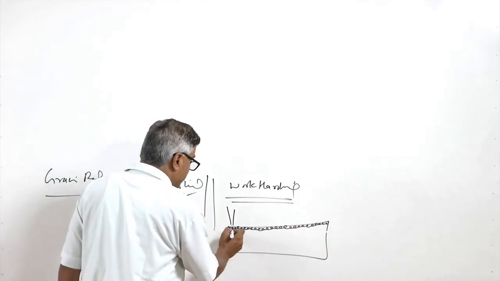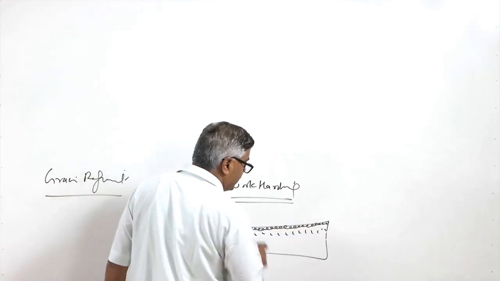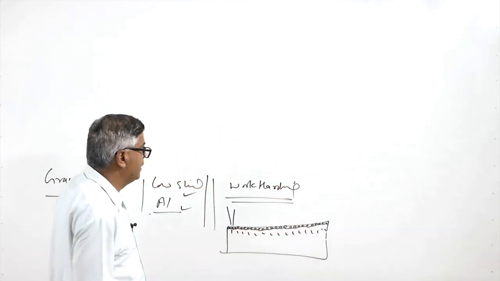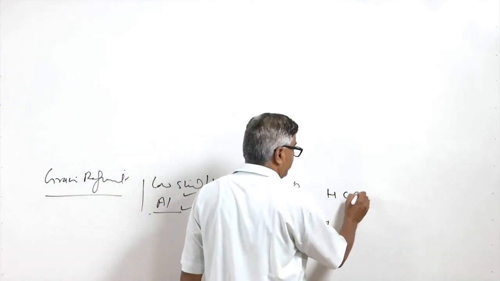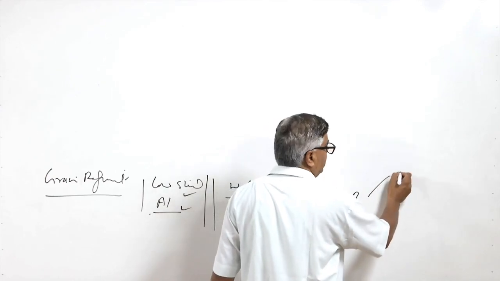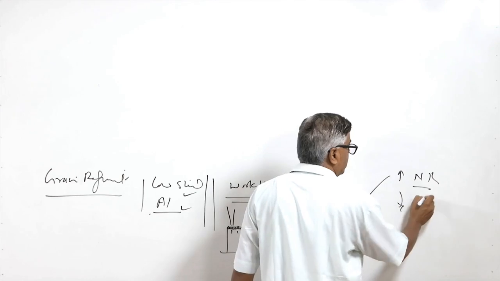So, it is immediately quenched by the underlying base material, experiences a high cooling rate, and that in turn leads to a fine grain structure, because if the cooling rate is really high, it leads to an increased nucleation rate and reduced growth rate.